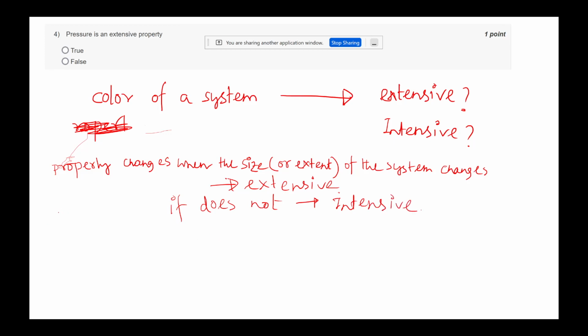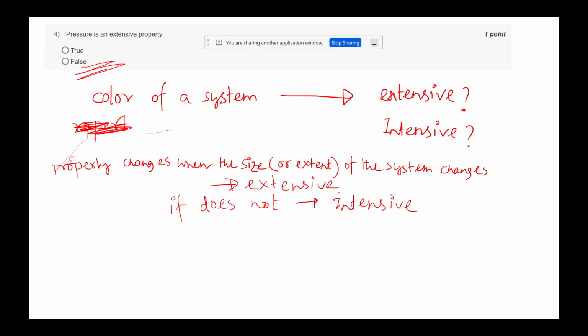So here, if the size or extent of the system changes, let's say the system size is changing proportionally, then should the pressure change or not? Not, right?